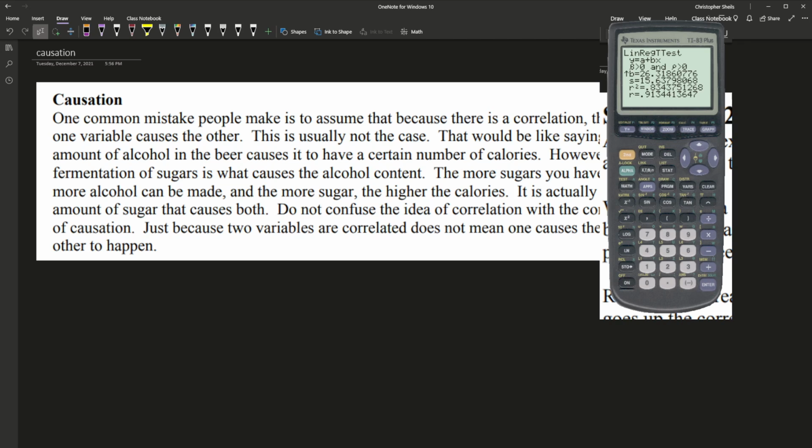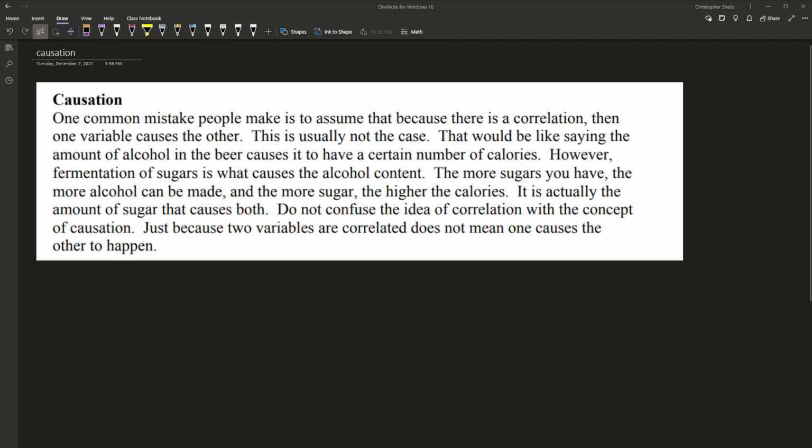However, fermentation of sugars is what causes the alcohol content. The more sugars you have, the more alcohol can be made, and the more sugar, the higher the calories. It's actually the amount of sugar that causes both the alcohol content and the calorie count.